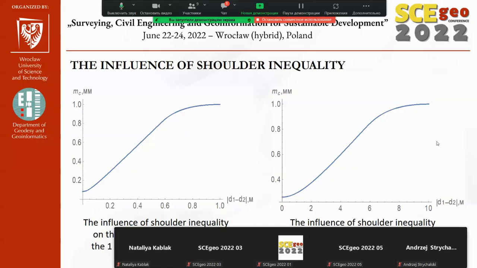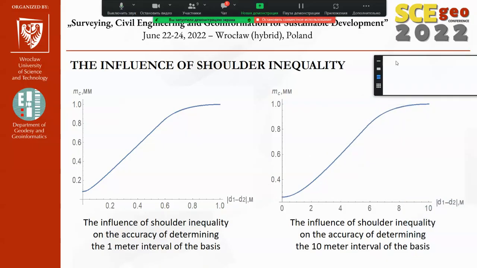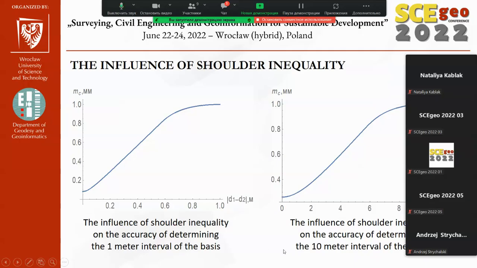For accuracy have influence difference between shoulder. In this picture you can see influence for different shoulder, and for 1 meter this graph, and for 10 meter this graph.